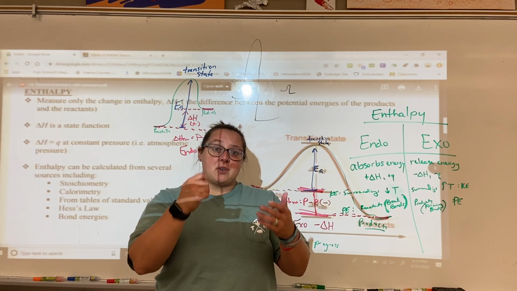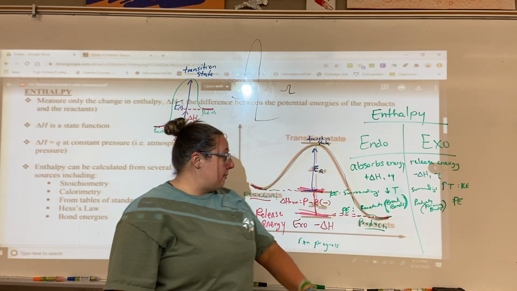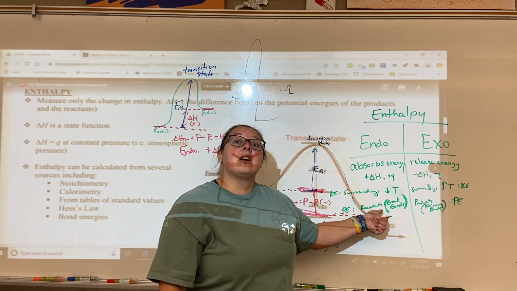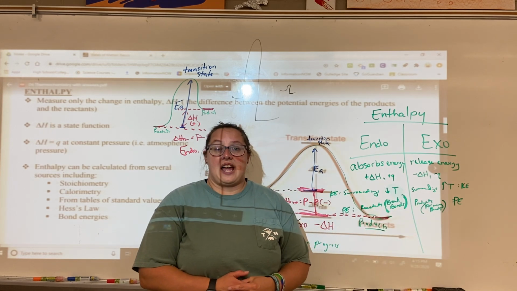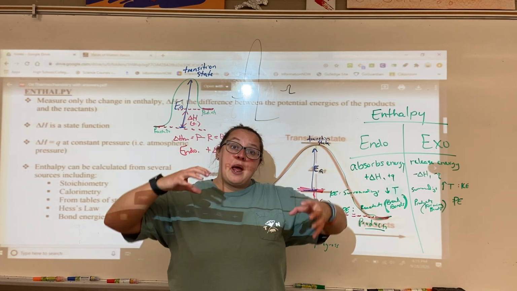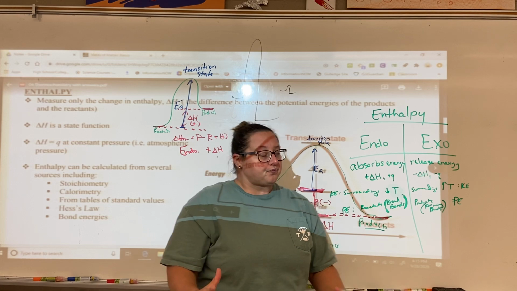It will not happen on its own unless I put energy into it first. Remember how we talked about our reactants putting in energy to break my bonds, and then my products getting energy out from forming the bonds? So that activation energy is part of putting the energy in to be able to break those bonds.